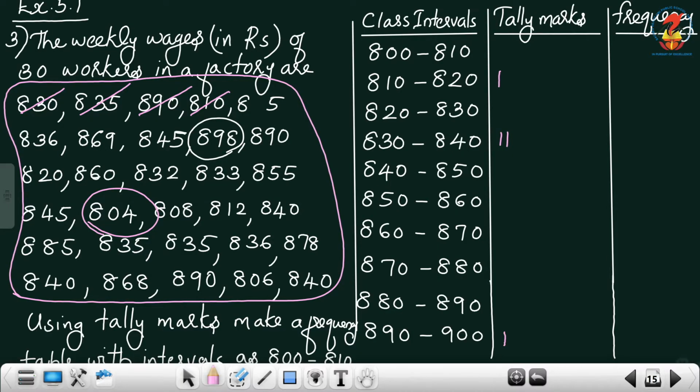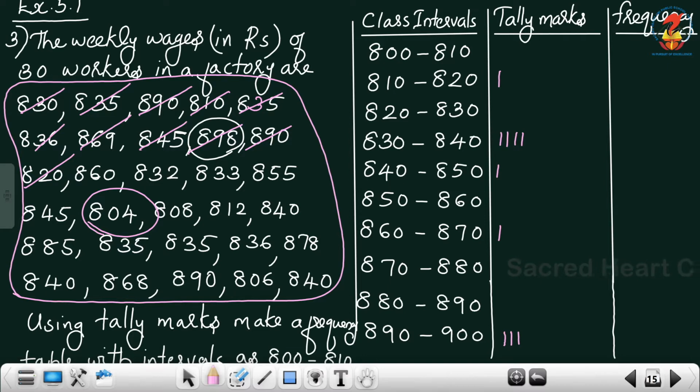Then the next value is 835, 835. Then 836, 869, 845, 898, 890, 820. 820 you have to include in the higher class interval.